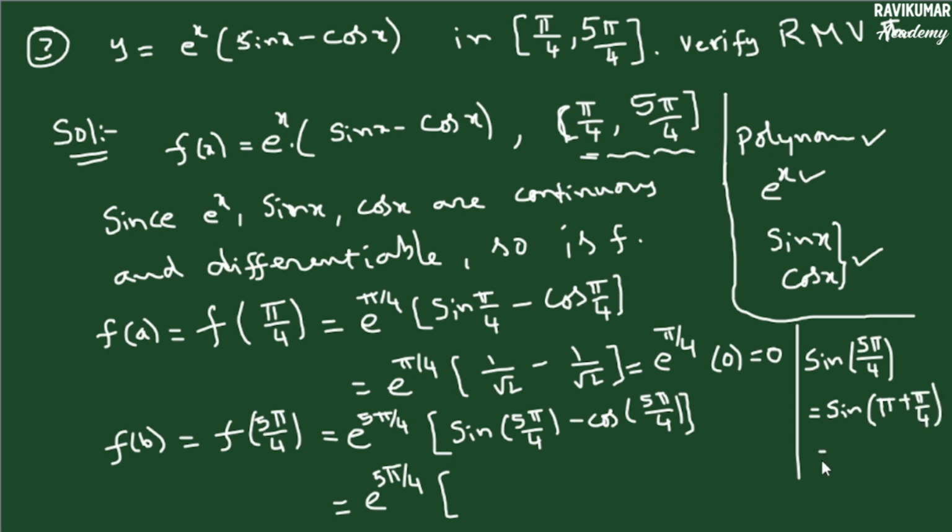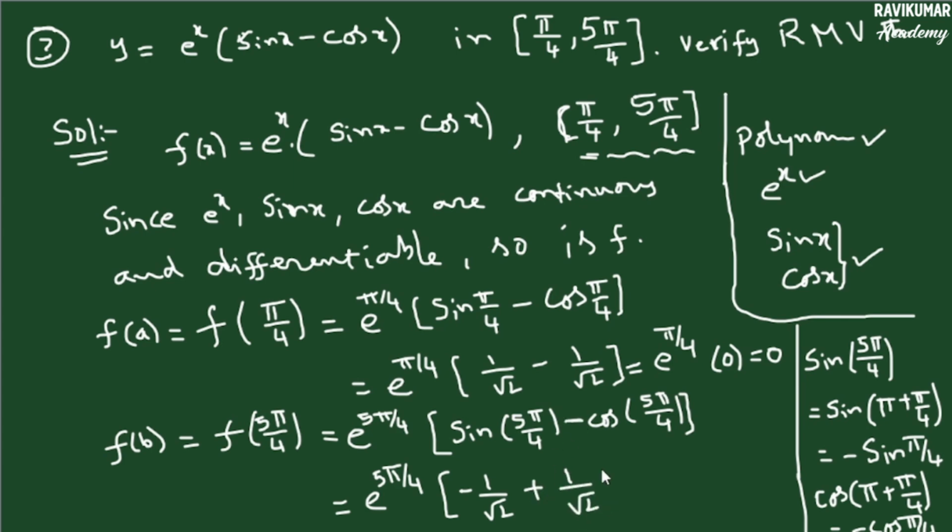Sin of 180 plus theta is minus sin theta, so it is minus 1 by root 2. Coming to cos 5 pi by 4, it can be written as cos of pi plus pi by 4. Cos of 180 plus theta is minus cos theta, which is minus cos pi by 4. Since you already have a minus here, it becomes plus 1 by root 2. So again, you will get e power 5 pi by 4 into 0, which is 0.